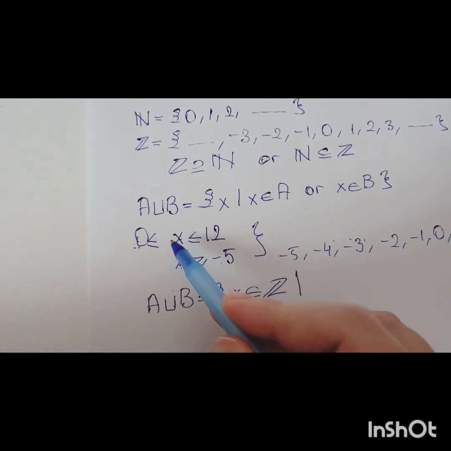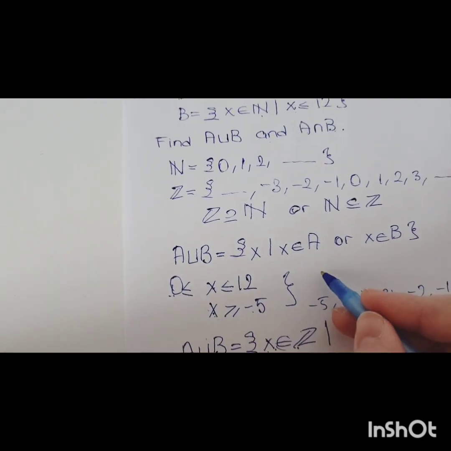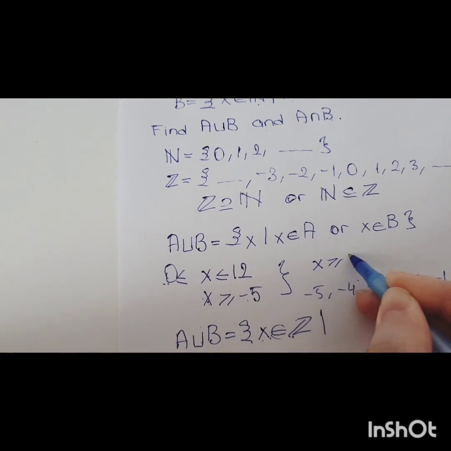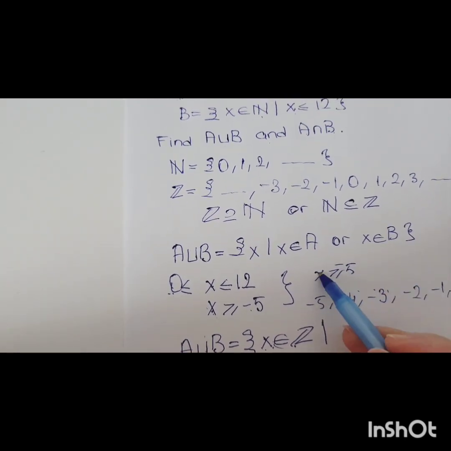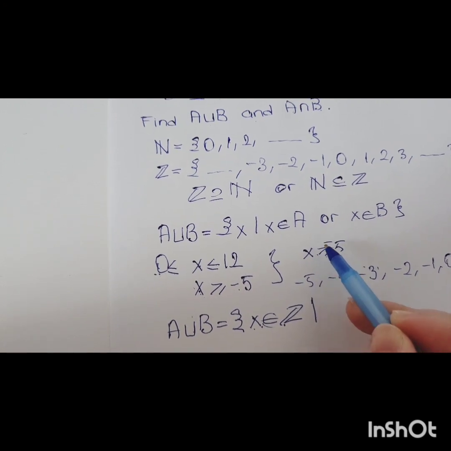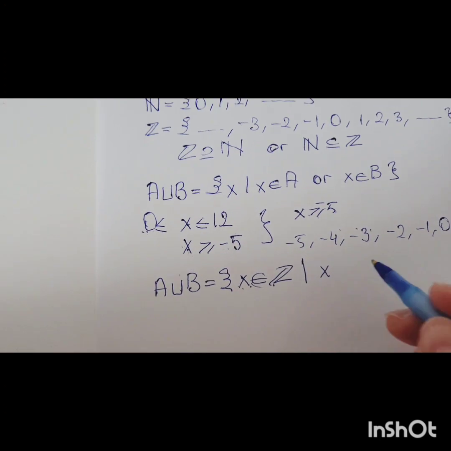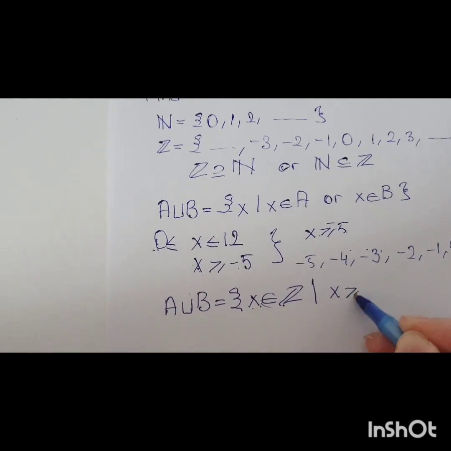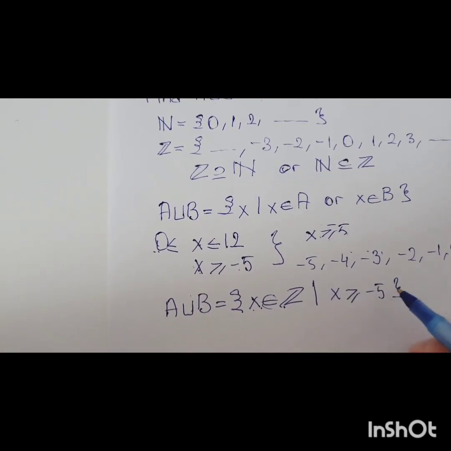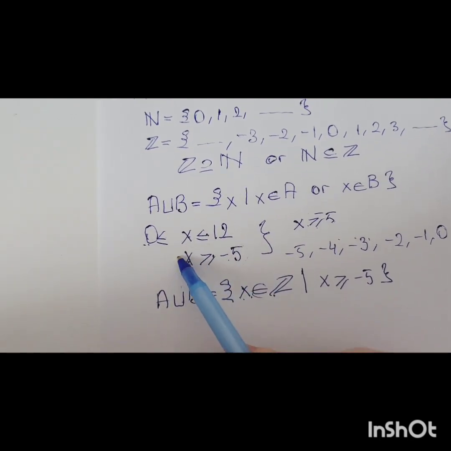So if we combine these two, we only get x is equal or greater than -5. So it is our condition. When we combine these conditions, we only get this.